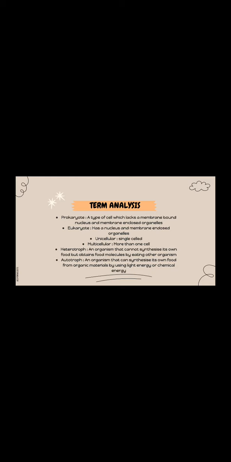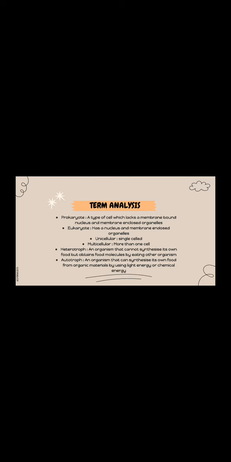Alright, so as you guys know, organisms are classified based on types of cells, number of cells, and types of nutrition. So let's see the term analysis first. The first one is prokaryote. It is a type of cell which lacks a membrane-bound nucleus and membrane-enclosed organelles. The second one is eukaryote, which has a nucleus and membrane-enclosed organelles.